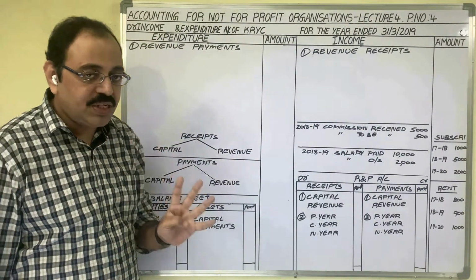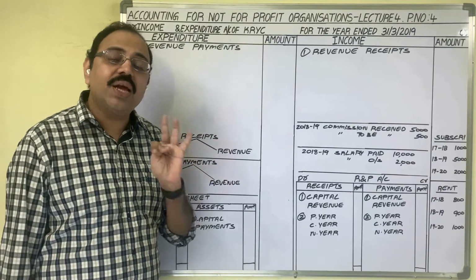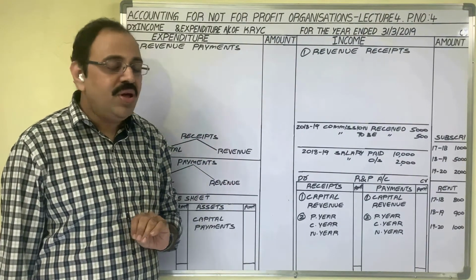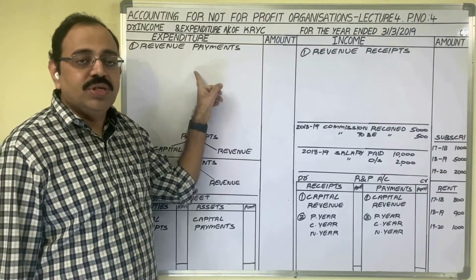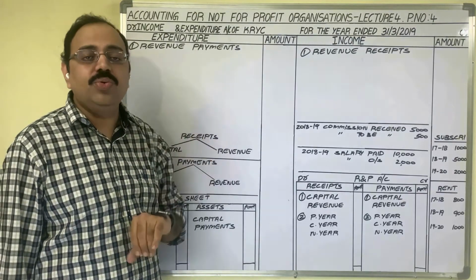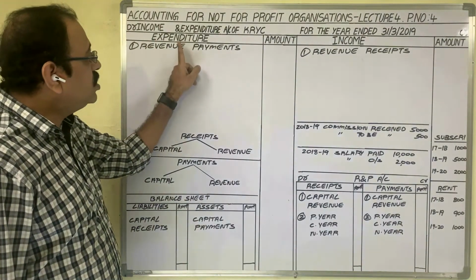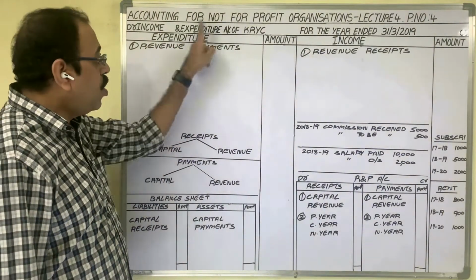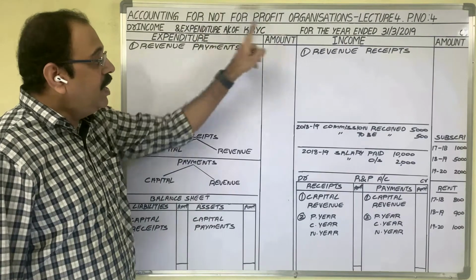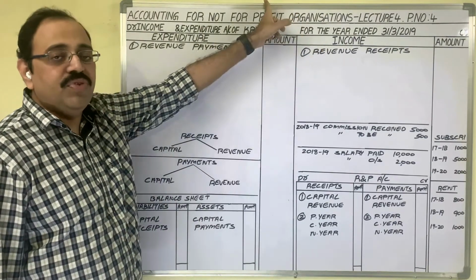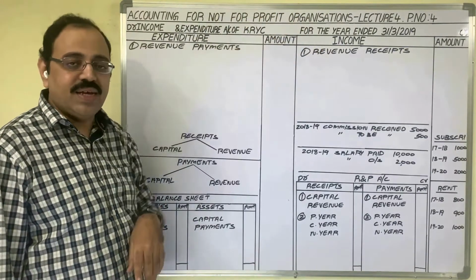Debit all expenses and losses, credit all incomes and gains. Therefore, while preparing this account we follow the nominal account rule. As per that rule, expenses and losses of this firm we show on the debit side, and incomes and gains of this firm we show on the credit side.